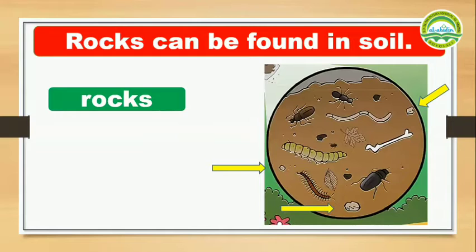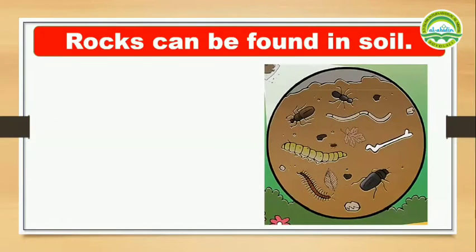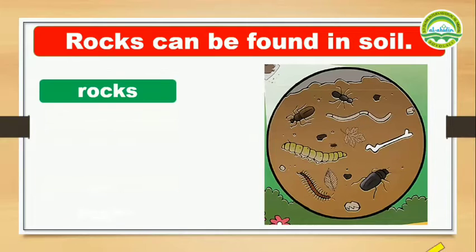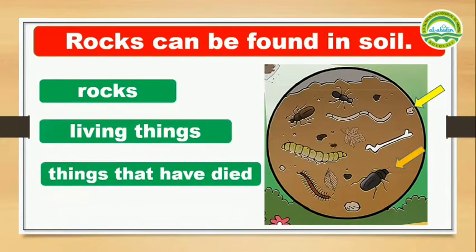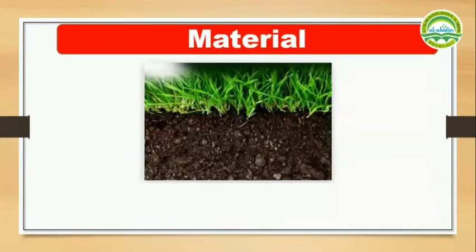Also the living things are natural, and the dead flower leaves are also natural. So let's talk about rock can be found in soil. The living things are also natural materials, you will call them natural. So what are the materials?